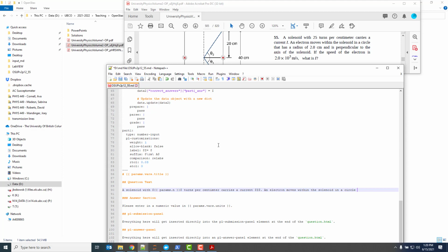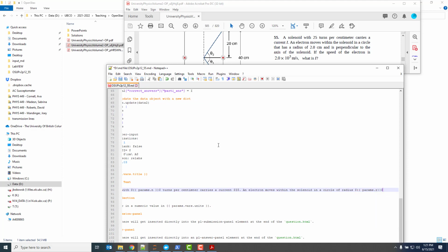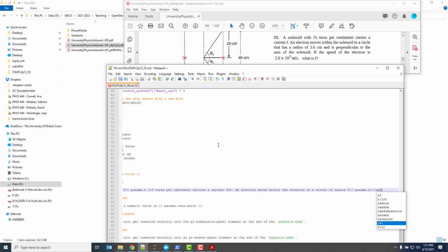So I don't particularly like how they've written this, so I can take some liberties and reword it a little bit. I'm going to say an electron moves within a solenoid in a circle of radius, and then there's going to be another variable. And in fact, what we'll do is we'll have some units in here, centimeters. And okay, good.